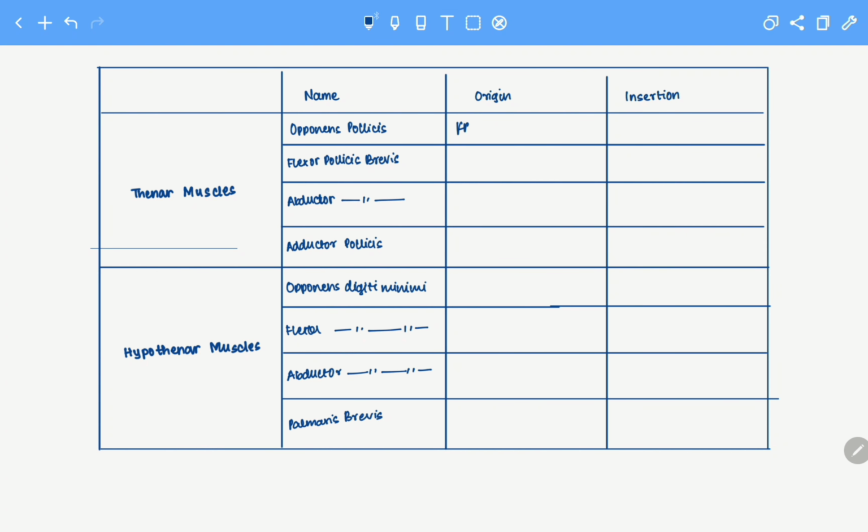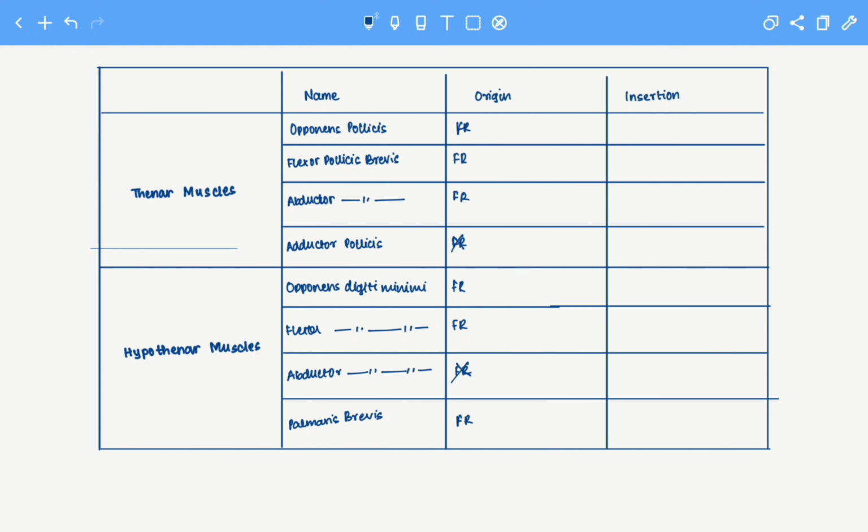Origin, we'll write flexor retinaculum everywhere. Now, first hypothenar, the abductor is not originating from the flexor retinaculum. Adductor does not originate in the hypothenar, therefore abductor of thenar will originate and the adductor will not originate. So we're done with flexor retinaculum.